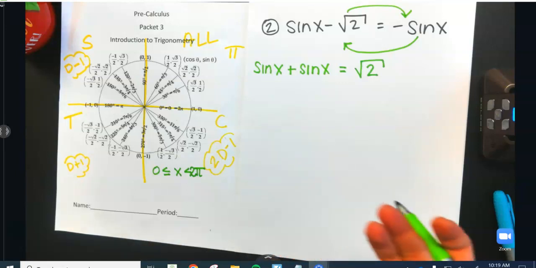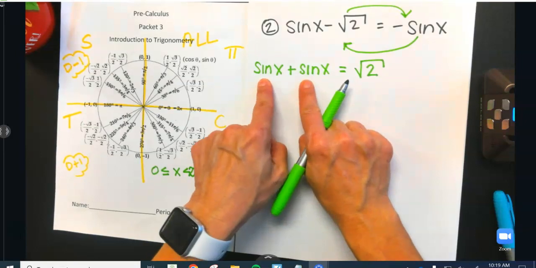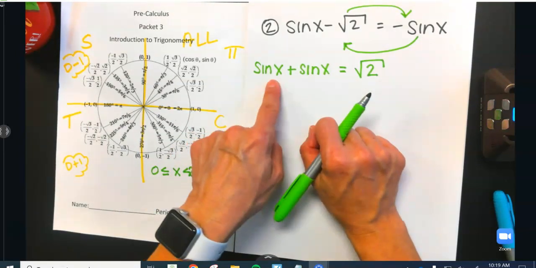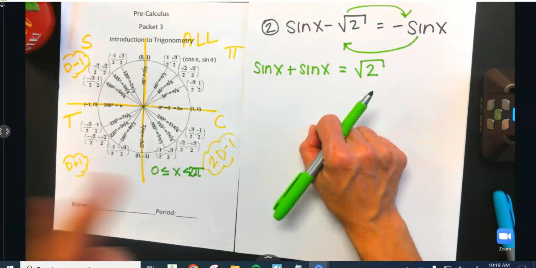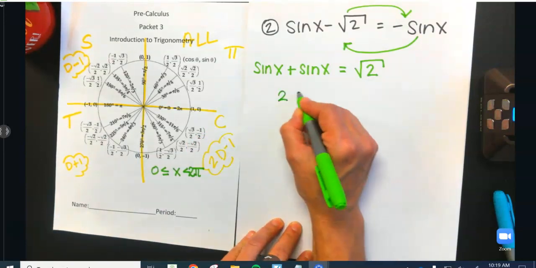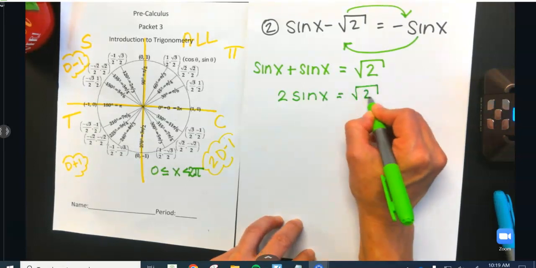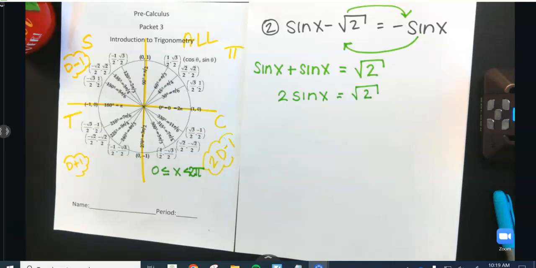And then from here, y'all, they are the same trig function and the same exponent. We're going to add them together. One of these plus one of these is 2 of those. So it's 2 sine x equals root 2. And then we're going to divide both sides by 2, just like we did in problem 1.